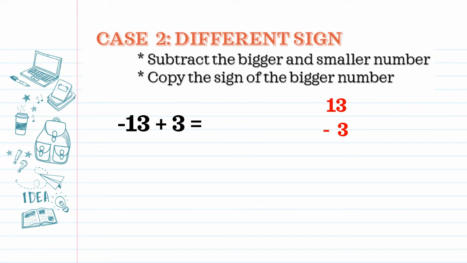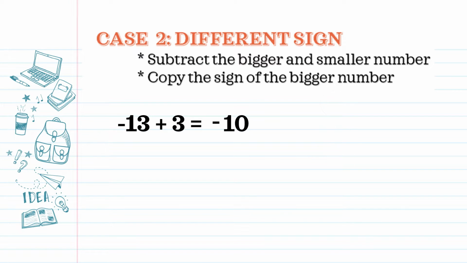So 13 minus 3 will give us an answer of 10. And then the sign of the answer will be based on the sign of the bigger number, which is 13. Here, the sign of 13 is negative. Therefore, our answer will also be negative. So negative 13 added by 3, the answer will be negative 10.